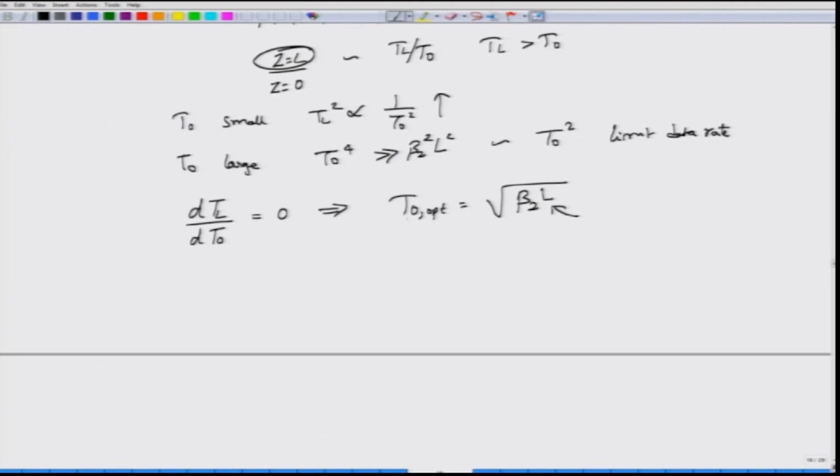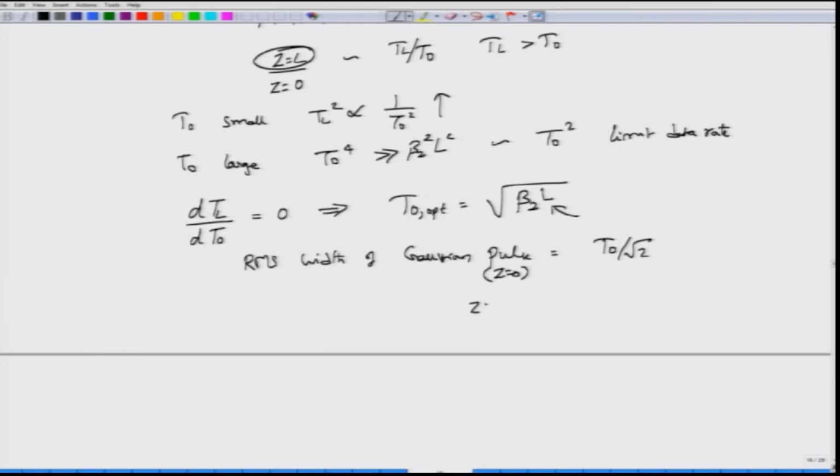If you were to choose this optimum pulse width, then the root mean square width of the Gaussian pulse, which is the way in which we normally talk about the width of optical pulses, is given by T0 by square root 2. So this can be related to the width of the Gaussian pulse at z equal to 0.